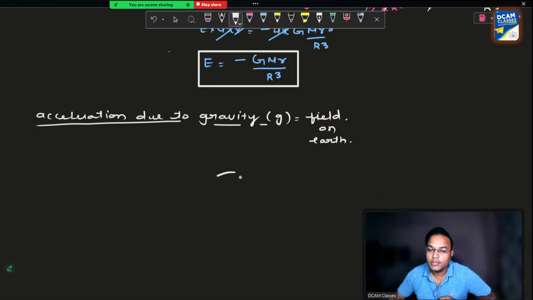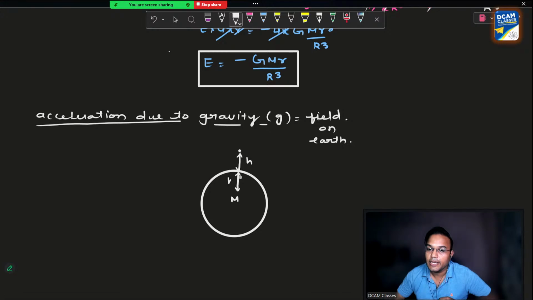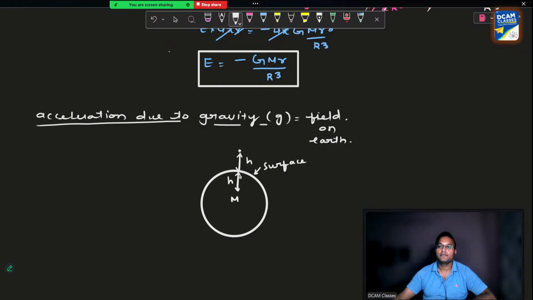If we draw the Earth, this is your Earth, suppose, having mass M. You have to find out the field at 3 points: one at a height h above it, one at a depth h below it, one at the surface. Let's say P, this is Q.